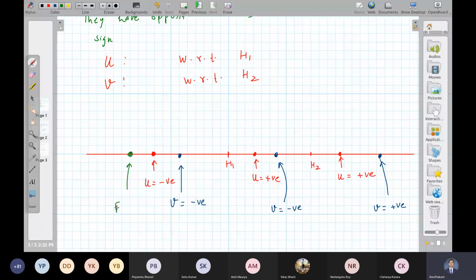Second focal point यहाँ आ जाएगा तो negative, with respect to H2. Here, positive.